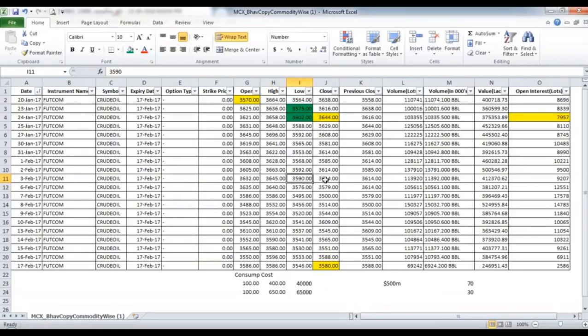Yes, sir. Did it close below the low of yesterday? No, sir. It did not. Okay, fine. And the open interest has further reduced. So it is not that a huge deal of selling has happened. So no problems. Next day, if it goes above 36.45, I will still try to short this.